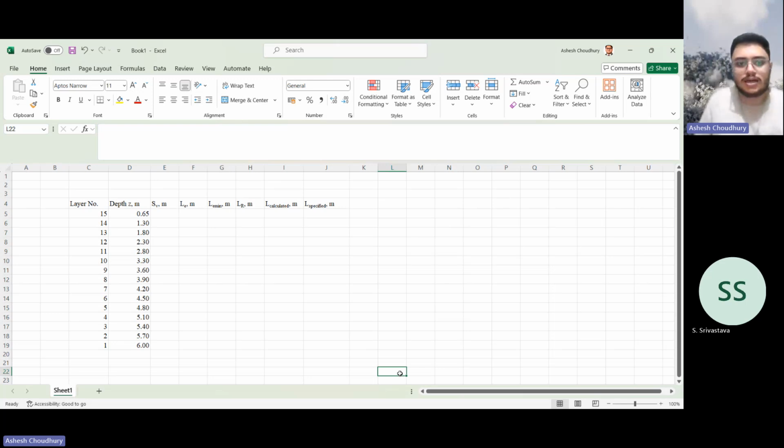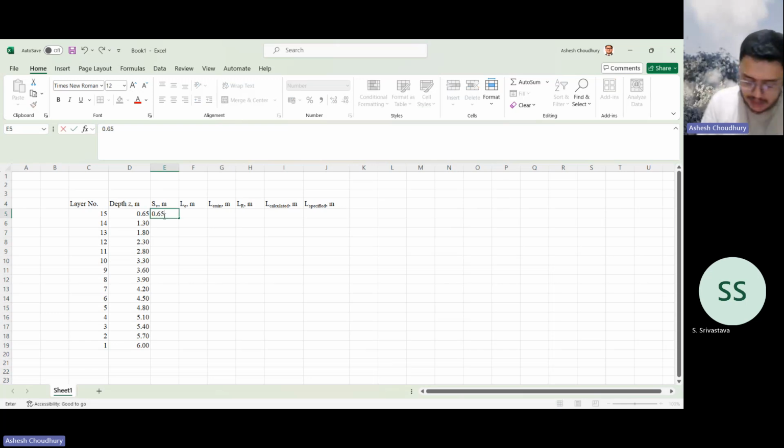Okay, right? Understood? Next we have SV minimum, SV, whatever SV you can. So here 0.65 we have given, here 0.65 we have given, then 0.5, 0.5.